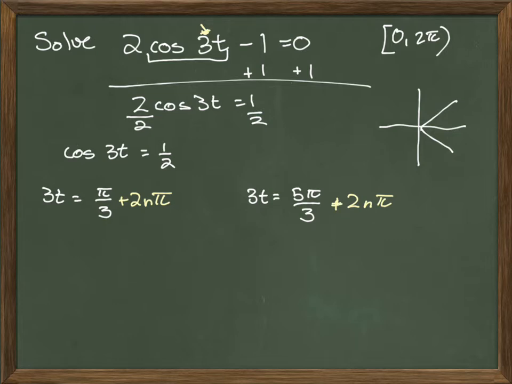Now we're not interested in 3 times the angle, we're interested in t. So how do I get t by itself? Now I have to divide by whatever value is in front of that variable. So we're going to divide by 3, which is really the same as multiplying by 1/3.